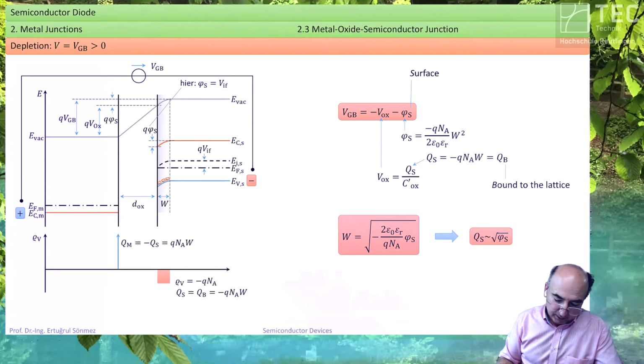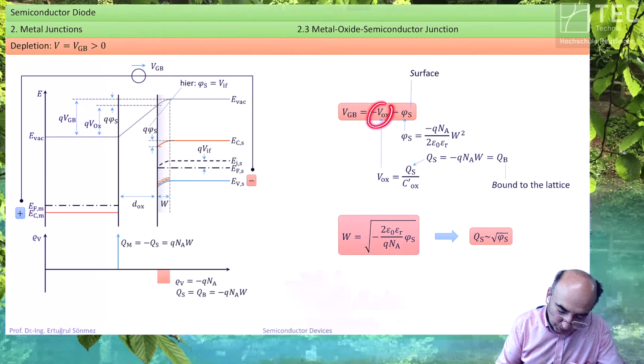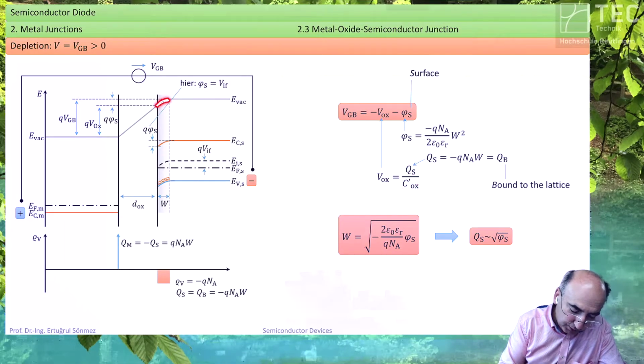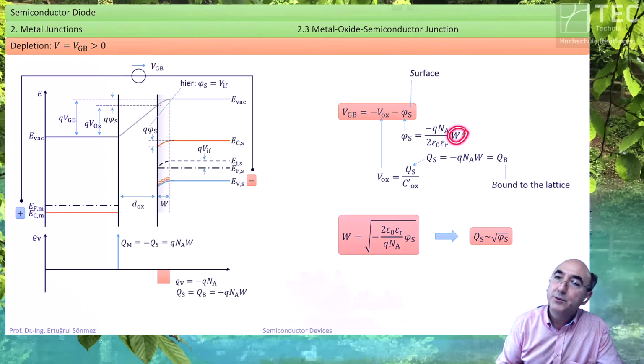What we can see here is now all these qualitative statements. The oxide voltage is the charge on the capacitor. The surface potential, so the potential in the semiconductor, is defined by the width of the space charge.